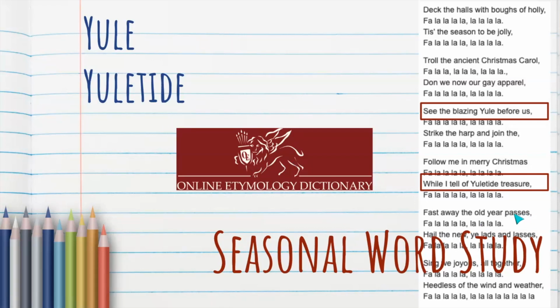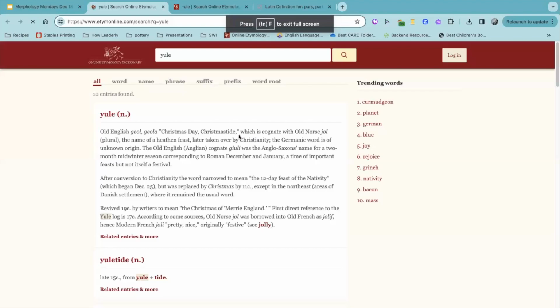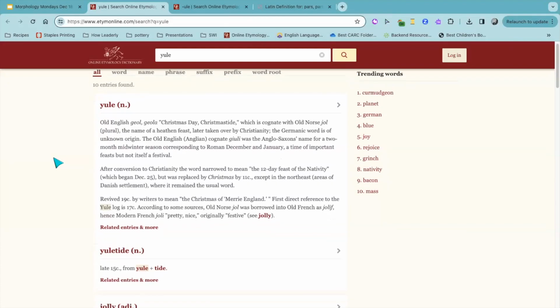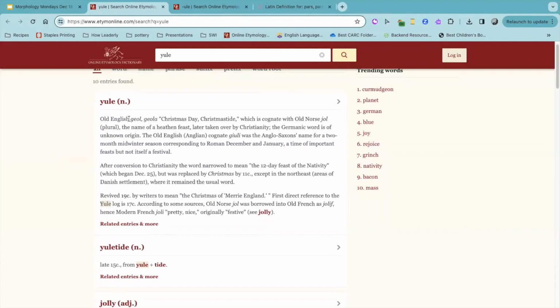What are the other words in the PASS family? So you don't have to necessarily pick these words. There could be other words that you investigate, but I'm going to take us here to the definition, the etymology dictionary entry here. Now, I don't speak Old English, but I think the G made a different sound in Old English. But it literally meant Christmas Day. Yule equals Christmas Day.